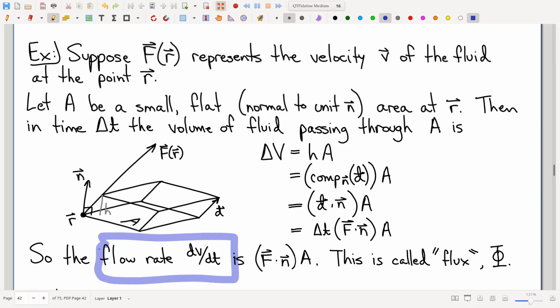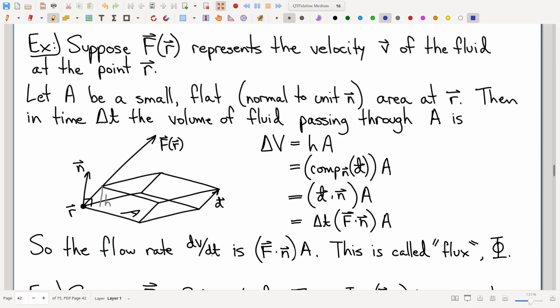Okay, so here's the way I'm going to come at this. I think this is a reasonable first step. I'm going to say, look, in some amount of time, delta t, I know the velocity and I know the time, and over that amount of time moving with that velocity, there's going to be a certain amount of displacement.